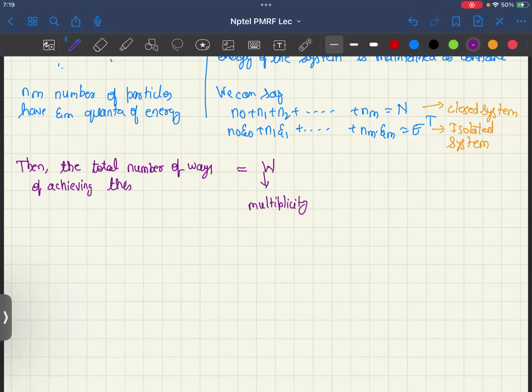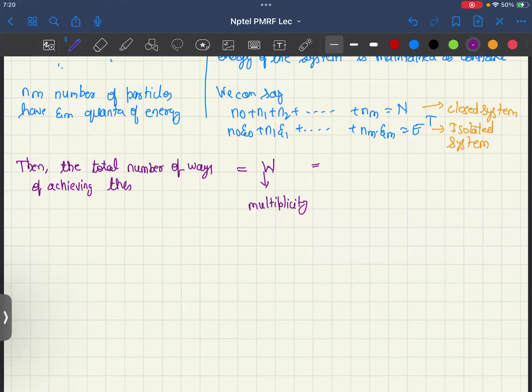The total number of ways of arranging particles such that n0 particles have energy equal to epsilon 0, n1 particles have energy equal to epsilon 1, and so on and so forth, and nm particles have energy equal to epsilon m, right?